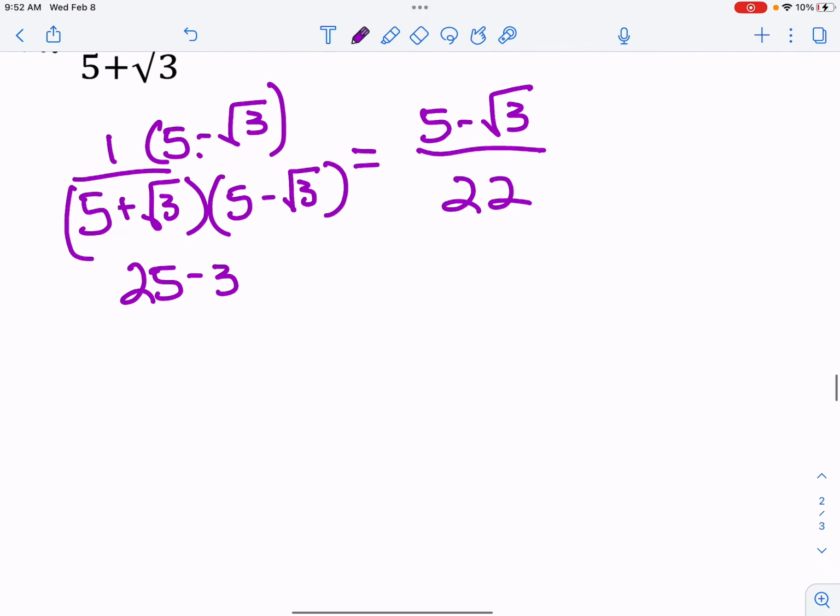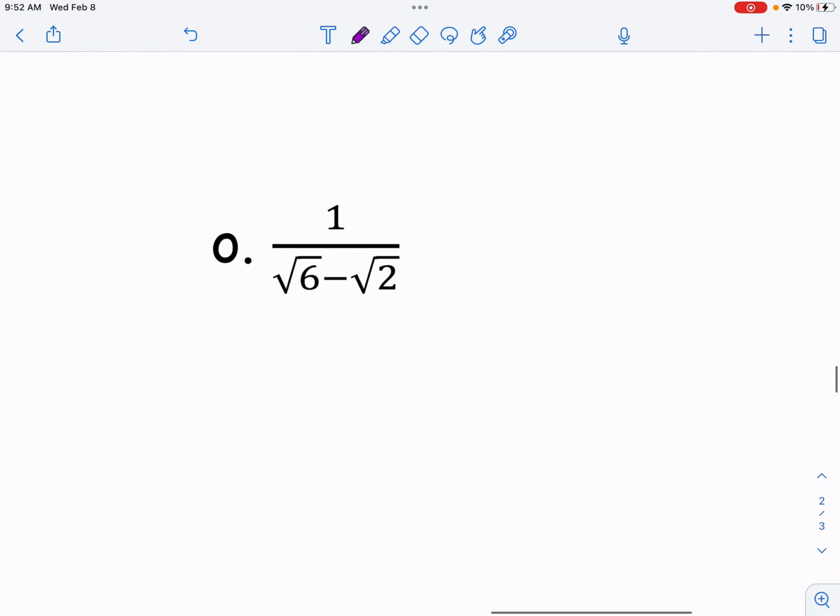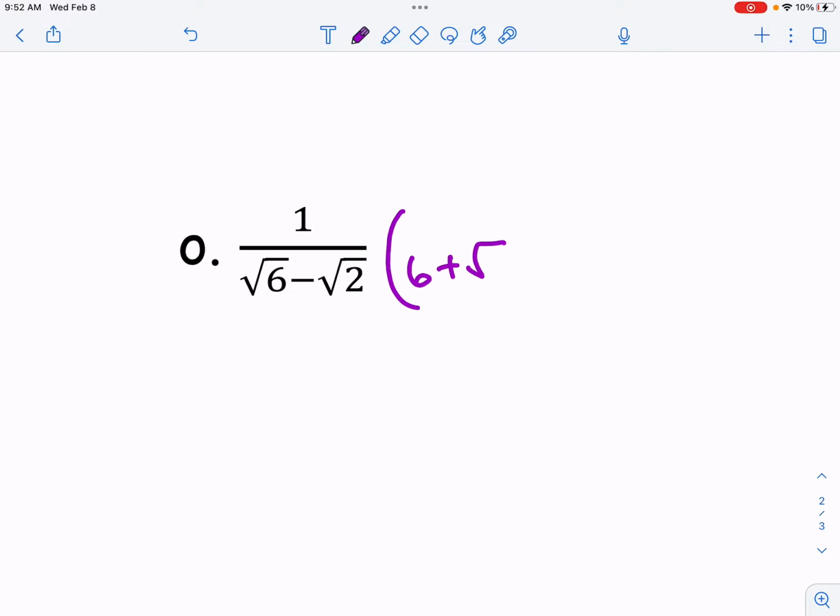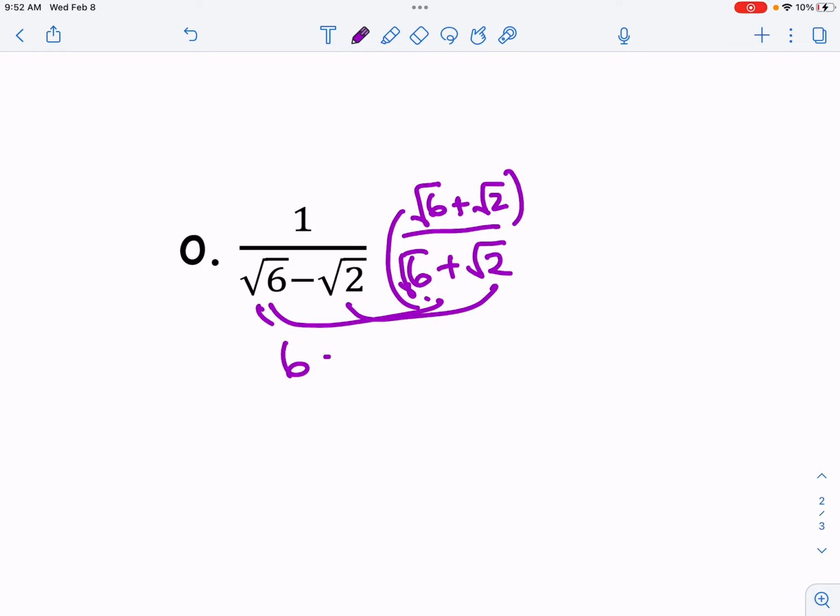Okay, there's the next one. This would be 6 plus root 2, or radical 6. So that would be root 6 times root 6, that's 6. Root 2 times root 2, that's 2. On the bottom, you get 4. The top will end up with this.